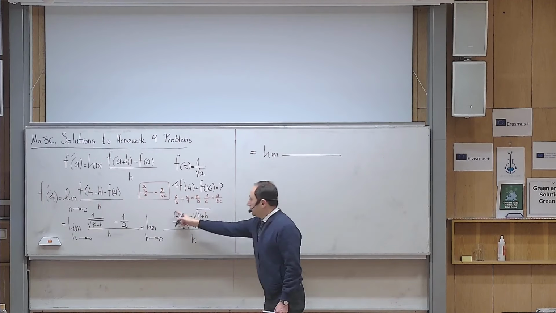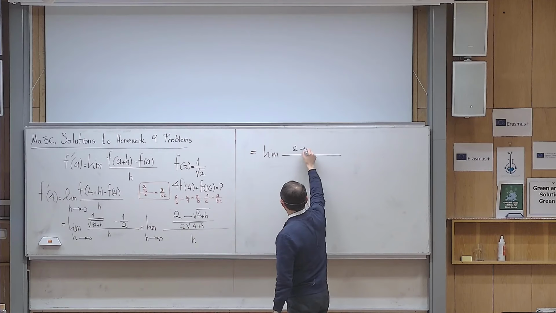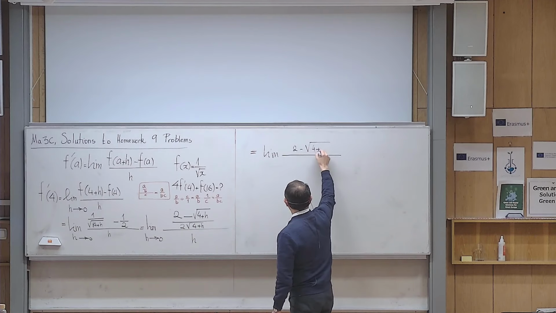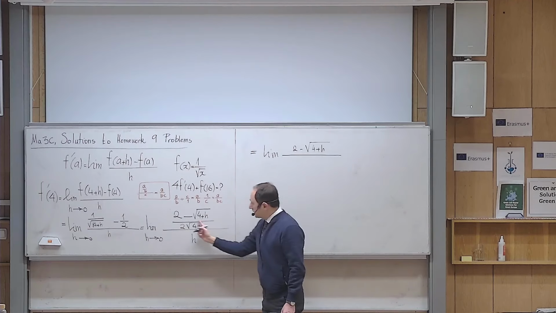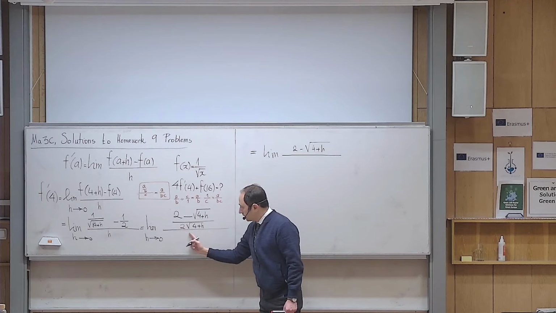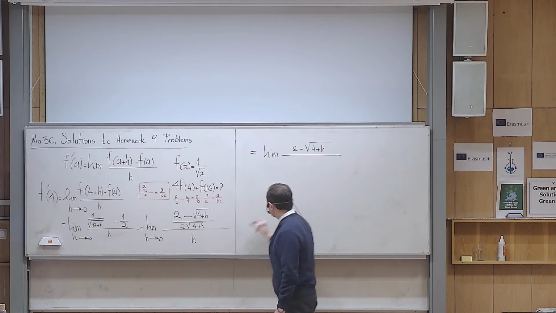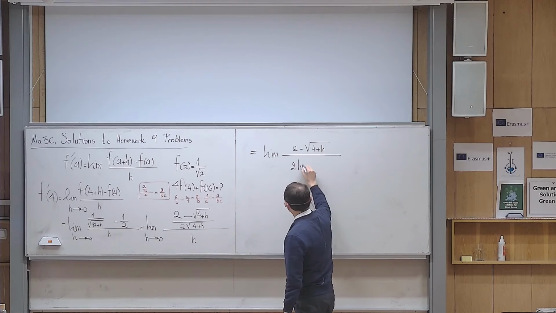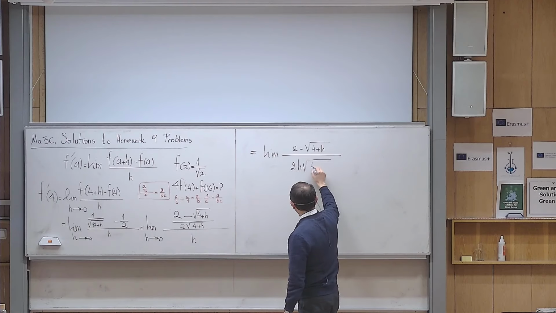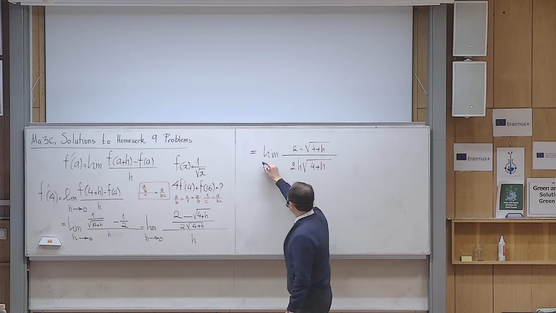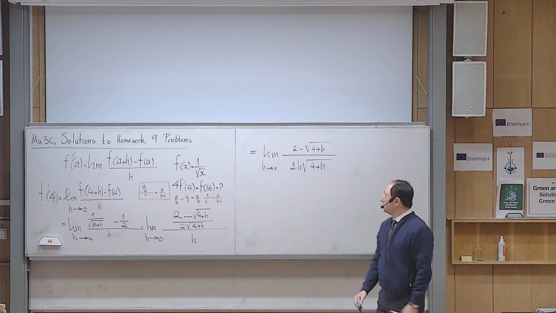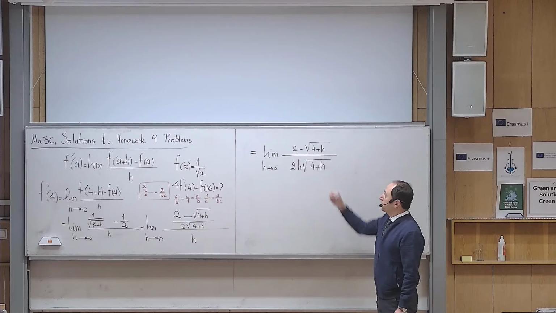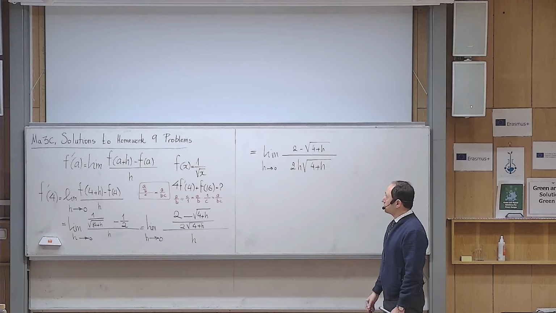I write A, and then I take this one and multiply it by H. 2 square root of 4 plus H times H, but I write it 2H square root of 4 plus H. Yes? And H goes to 0. Is that right?